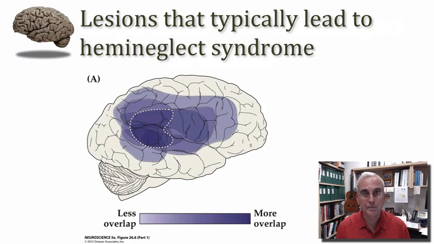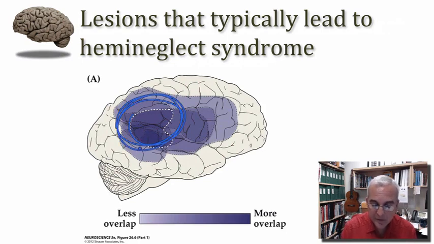Well, here's a simple compilation of a series of patients that have presented with hemineglect syndrome, and as we can see, there seems to be a region of overlap that is focused here in the inferior parietal lobule of the right hemisphere. That's not to say that damage of this region is necessary to produce a hemineglect syndrome.